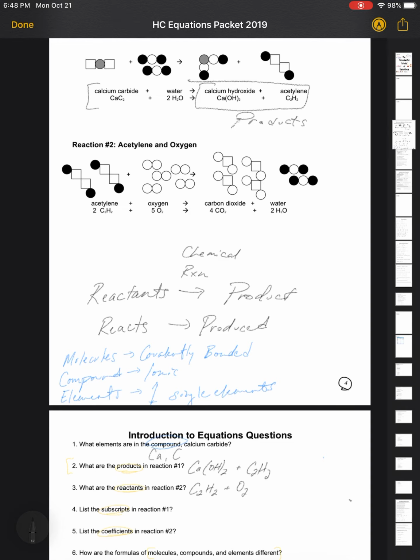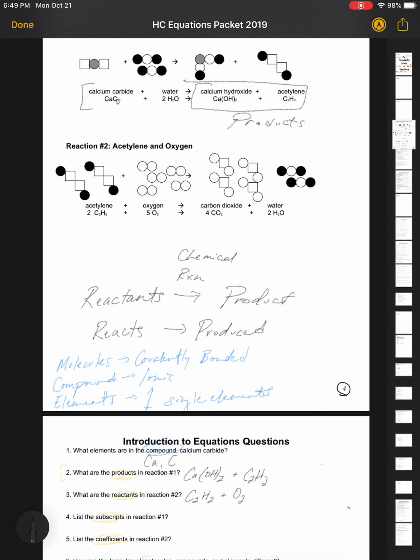All right, list the subscripts in reaction 1. If we break down that word subscript, we're saying that it's written below. And so any of those subscripts are going to be written below those numbers. So in calcium carbide, we have CaC2, we have H2O in water, we have in calcium hydroxide Ca(OH)2, and then in acetylene we have the number 2.